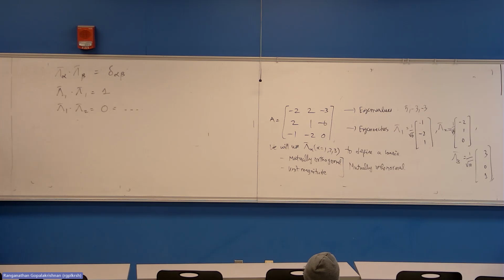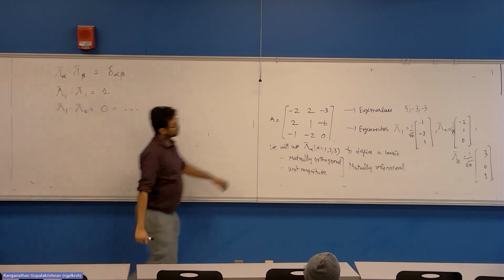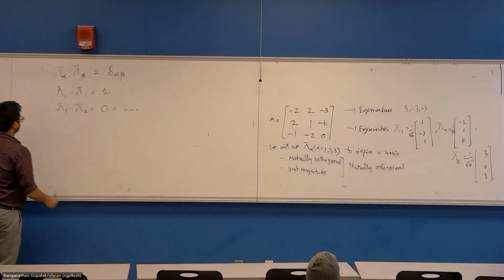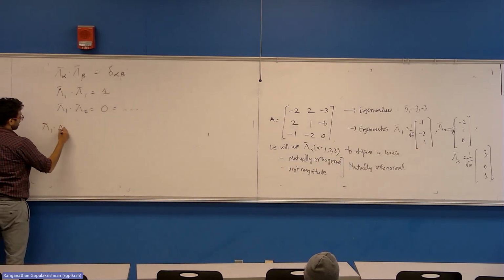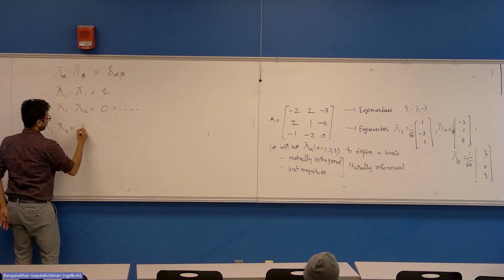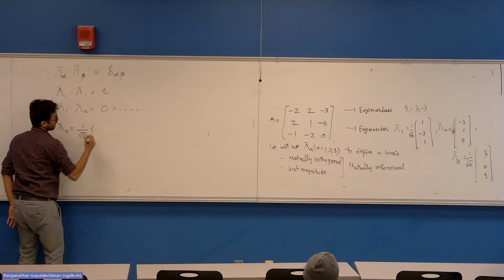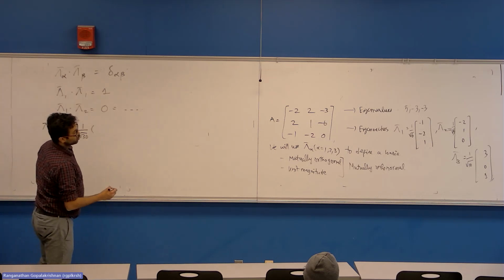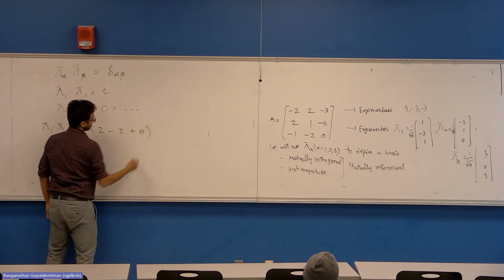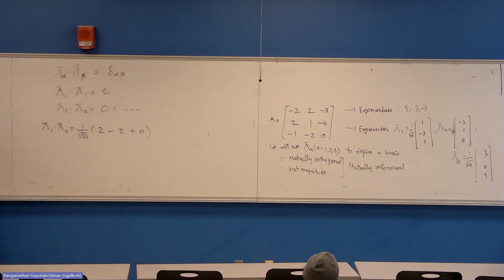Can you check that just manually? It will be true. So let's take the first two vectors. Gamma 1 dot gamma 2 is equal to 1 over square root of 30 times (2 minus 2 plus 0). So this is good.